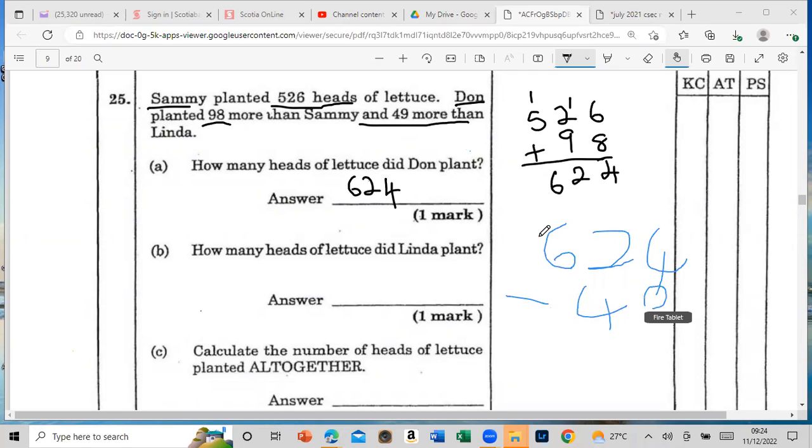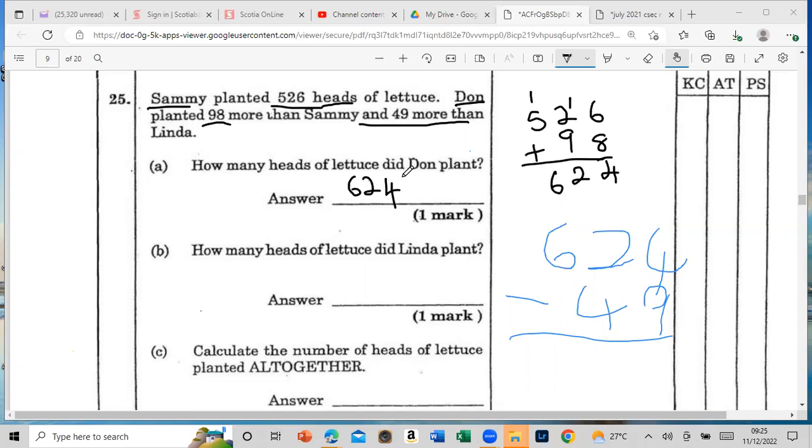Sammy planted 526 heads of lettuce. So we're gonna use Dan's total. All right, so out of the three persons, who would plant the most?